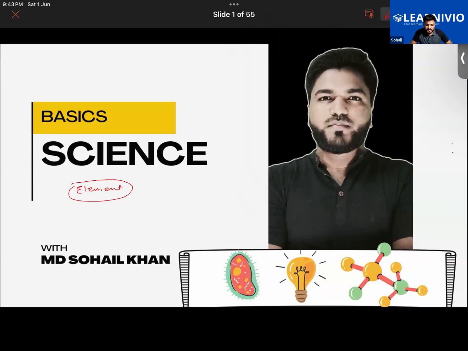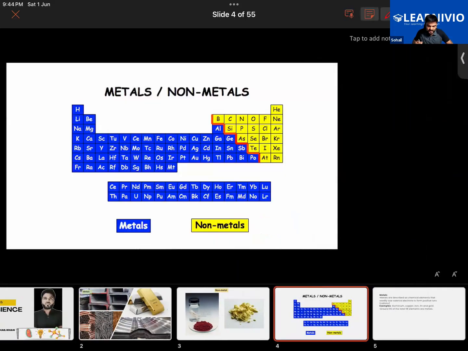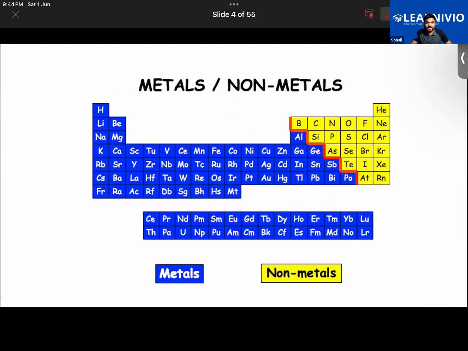Yes, sir. Good. In nature, more than 118 elements are found, and they are all represented in the form of a periodic table. There was a person called Dmitry Mendeleev, who gave the modern periodic table.